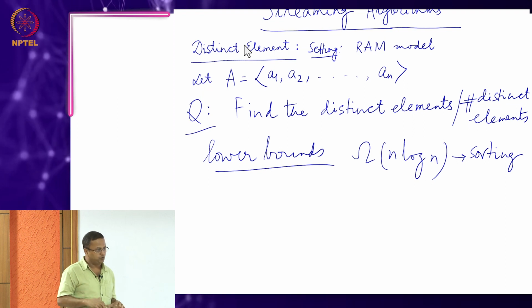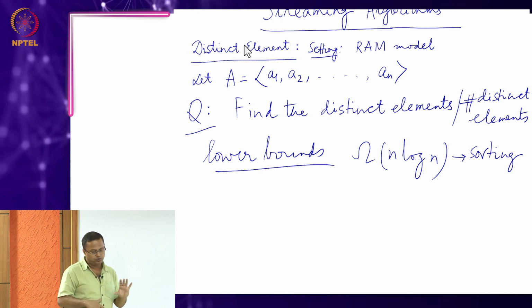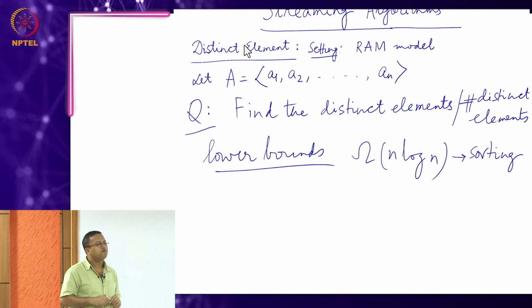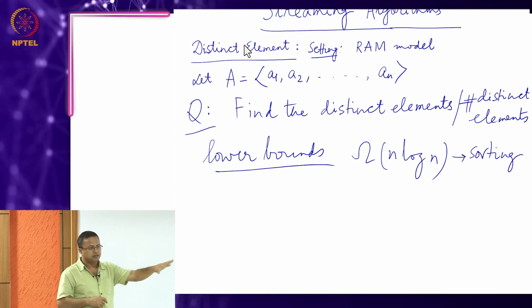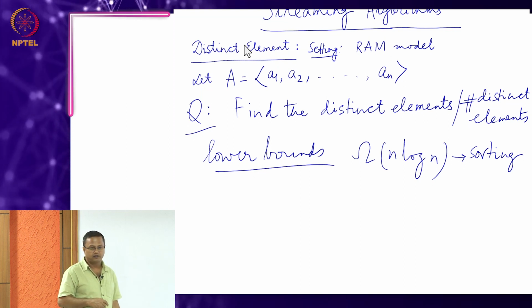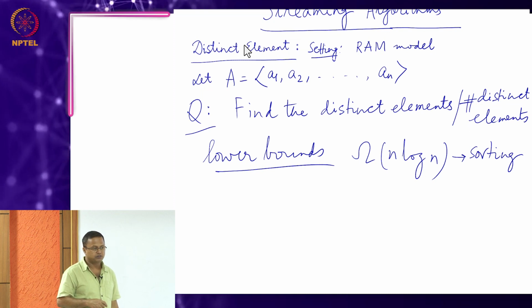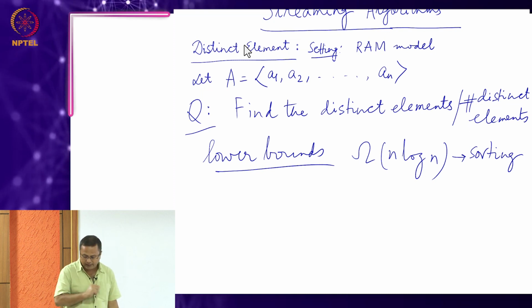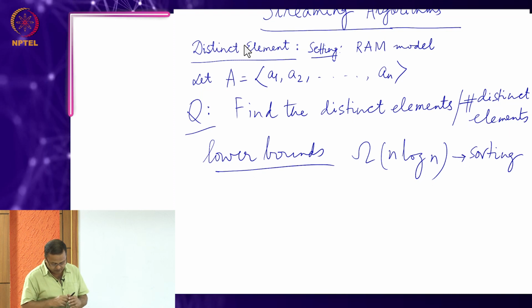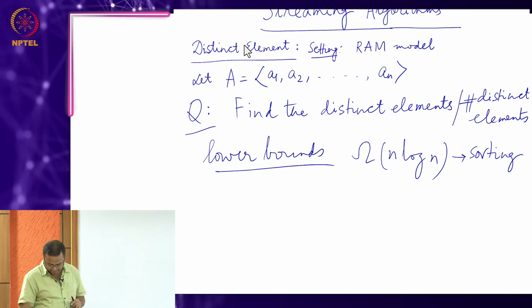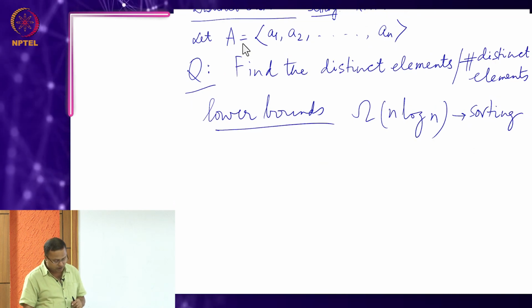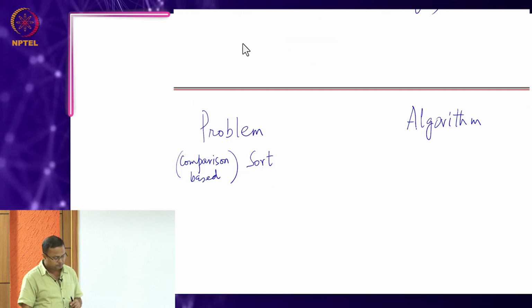So, I will give you a machine model very soon, which is the streaming model, which basically models this kind of network traffic computation. But before I get into that, let us talk a little bit of lower bounds.